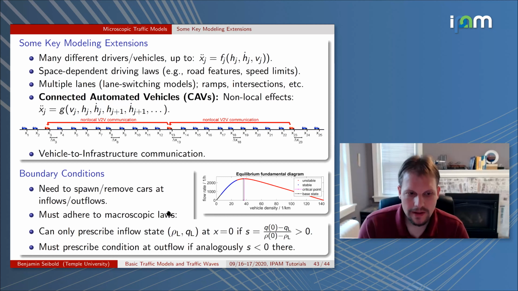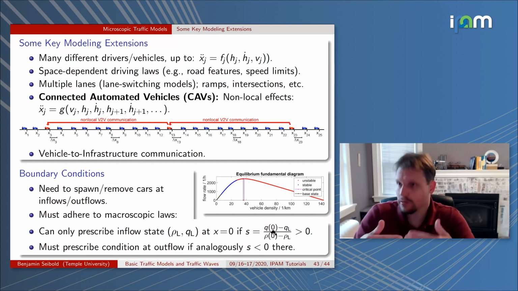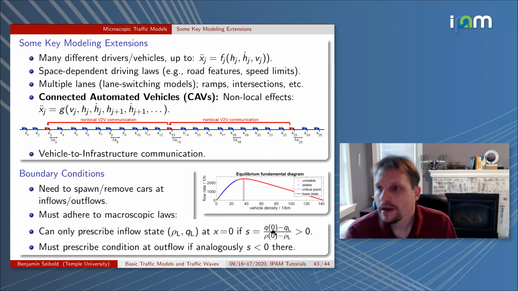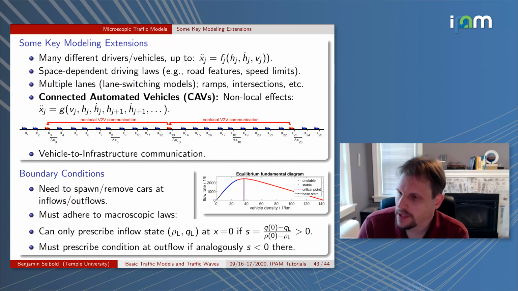So it means that you can only prescribe an inflow state if, whatever inflow state you want to prescribe, and you do the Rankine-Hugoniot condition, so the secant line here, with what the actual state is right now, so the first car that is on the road already, gives you actually forward-going information speed. Otherwise, you're not allowed to prescribe anything.